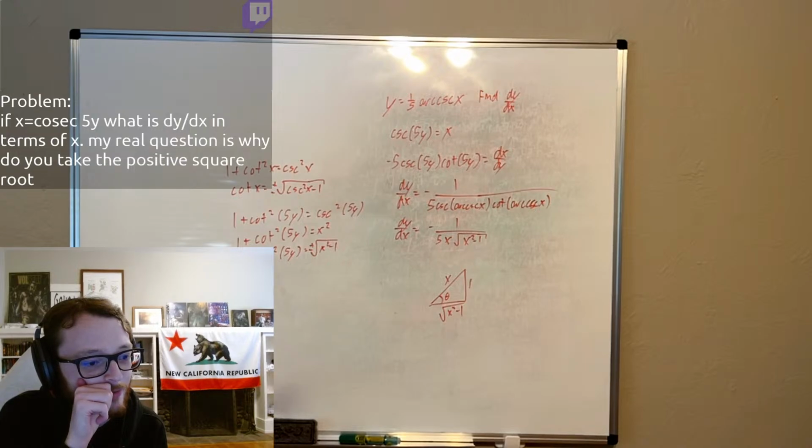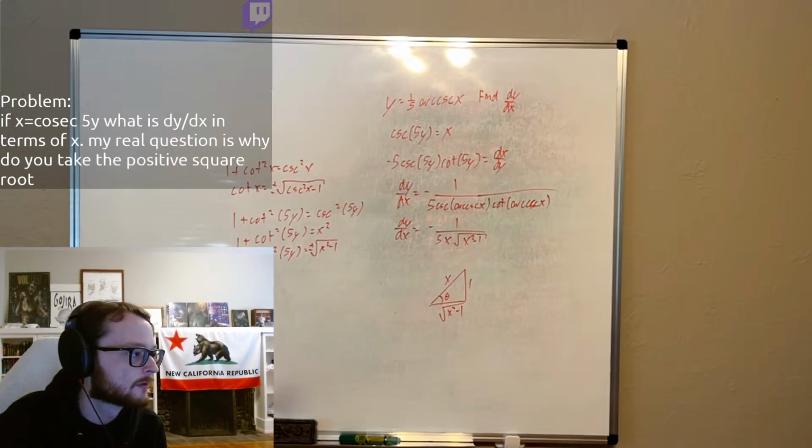Cotangent x is decreasing or increasing.